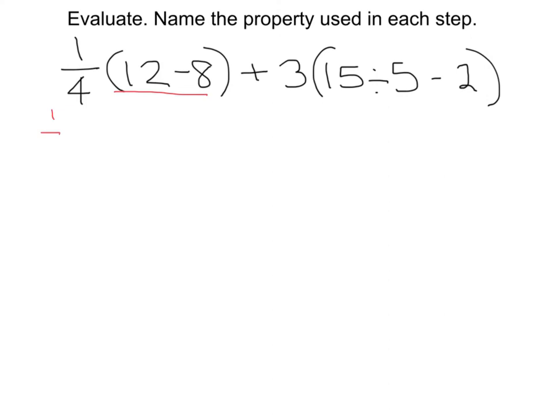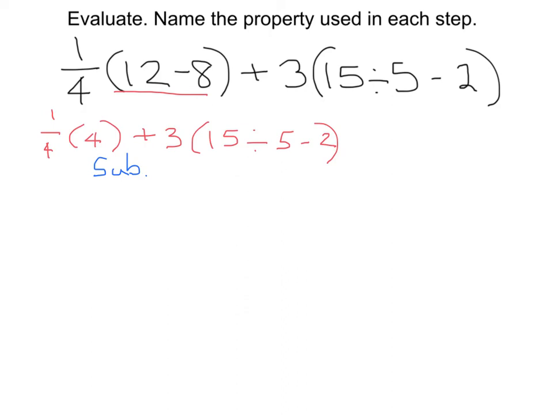So we want to leave our 1/4. 12 minus 8 is 4, but the directions say that they want us to tell what property we used for each step. So in this example, we used substitution. I'm just going to abbreviate sub. And we use substitution because we did 12 minus 8 and we substituted the answer for that problem.